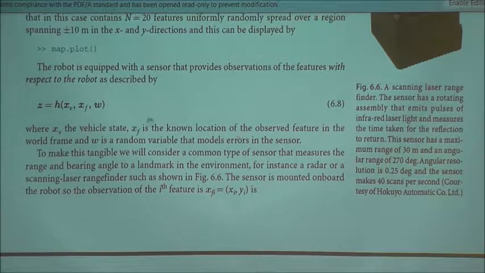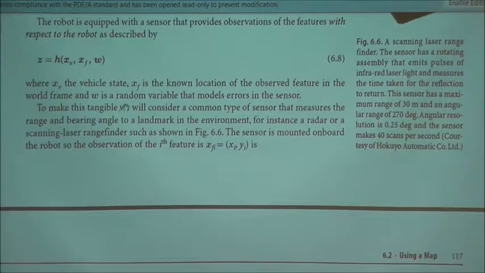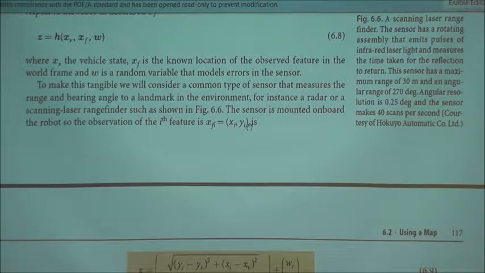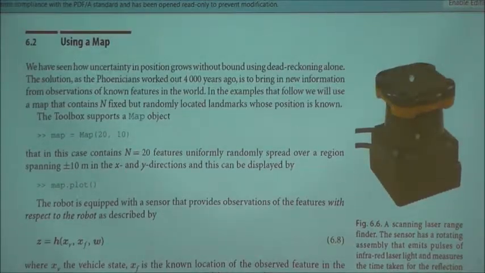For example, xf could be the location of a light tower along the coast of the water. And omega is, as I said before, the noise. To make this tangible, we will consider a common type of sensor that measures the range and bearing angle to a landmark in the environment, for instance a radar or a scanning laser rangefinder, such as this equation right here.